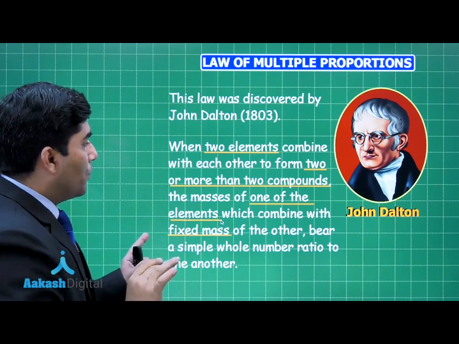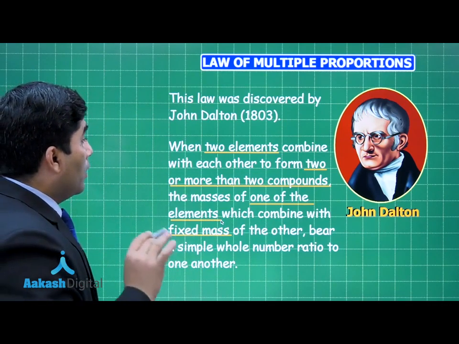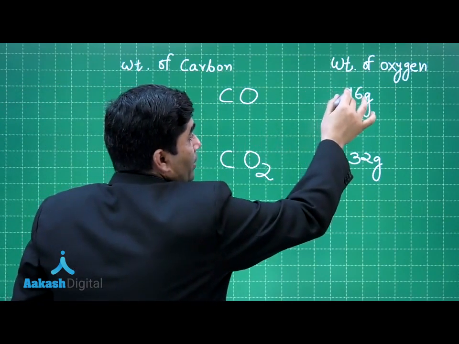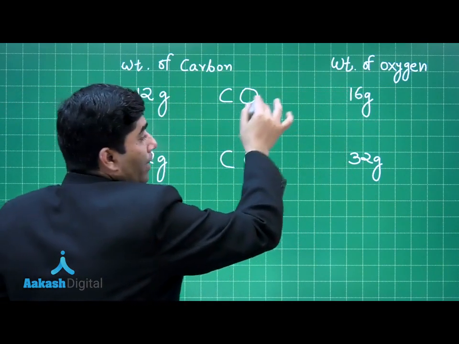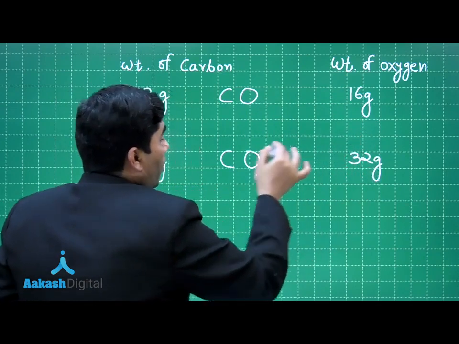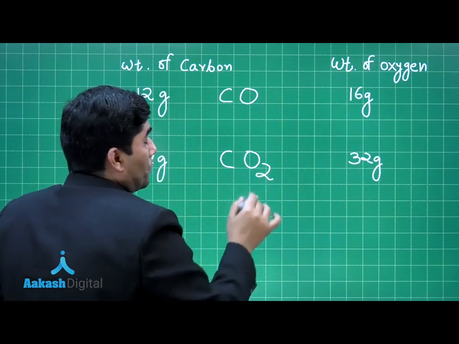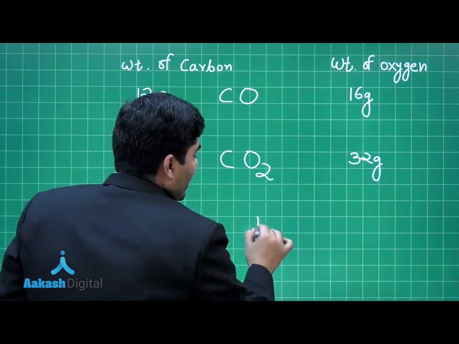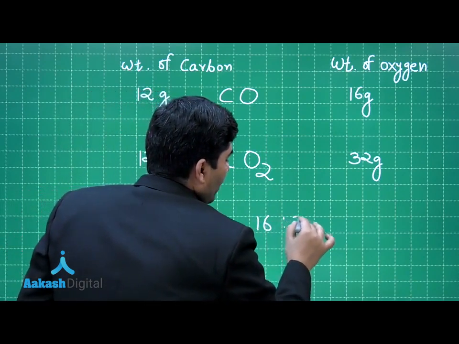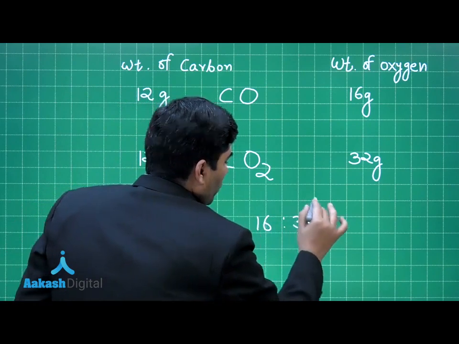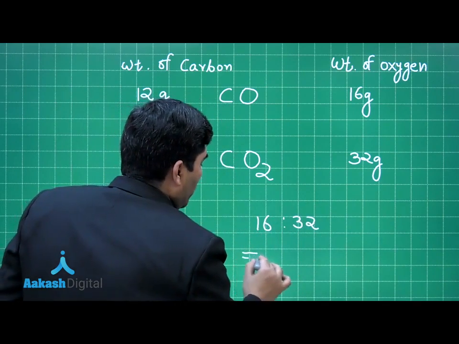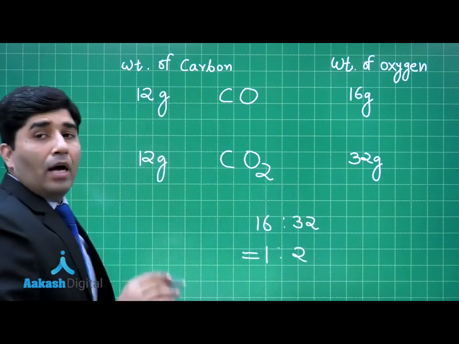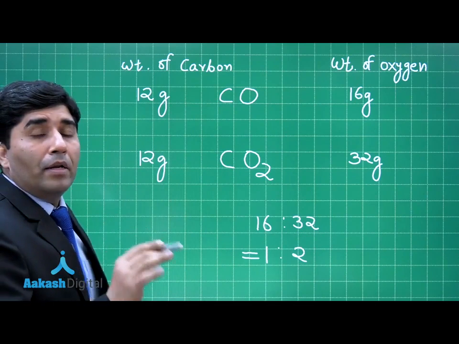Right guys? So this is 16 gram for carbon monoxide, 32 gram for carbon dioxide. If we take the ratio, 16 divided by 32, that will be equal to 1:2, and it is a simple whole number ratio.